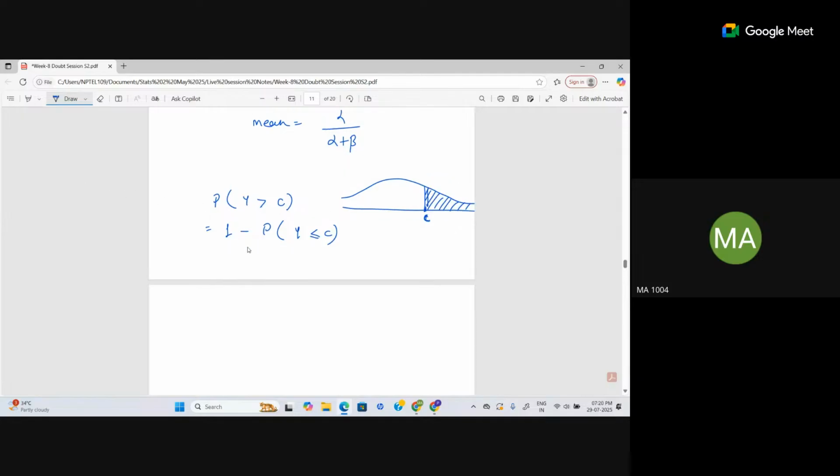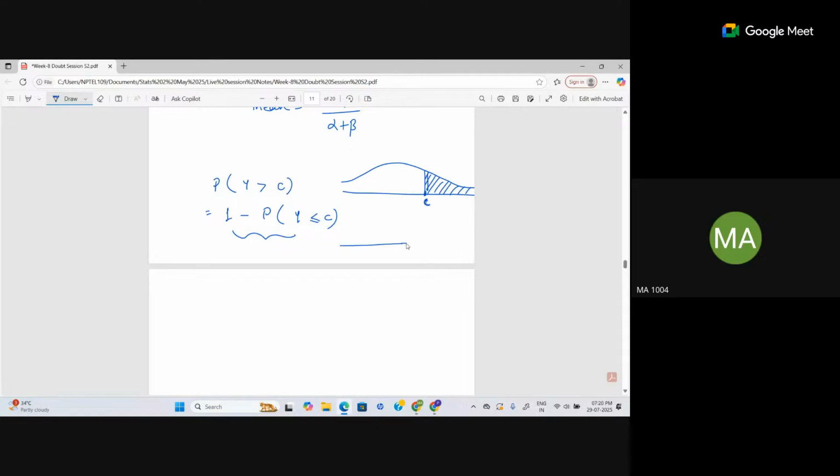According to this line, it is 1 minus the probability Y is less than or equal to c. So 1 means the entire region, and Y less than or equal to c will be this red region. If you subtract the red region from the entire line, you are left with this one. That's how these two are the same.